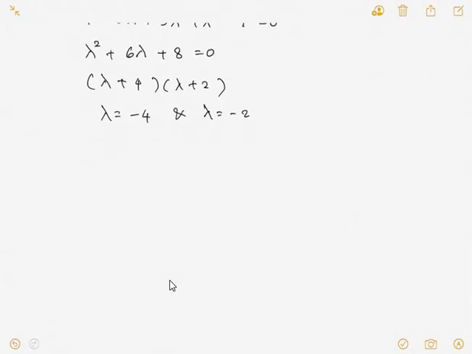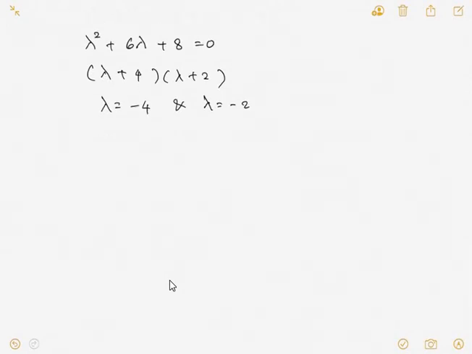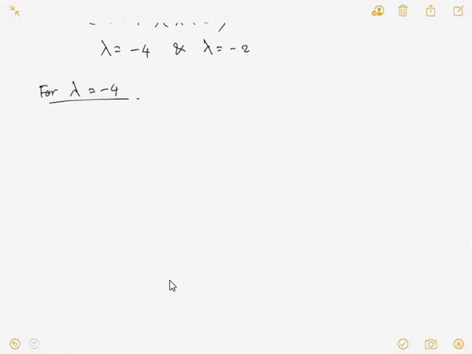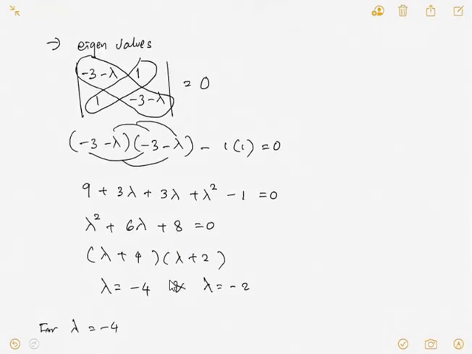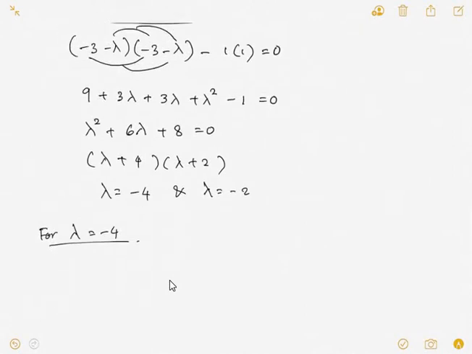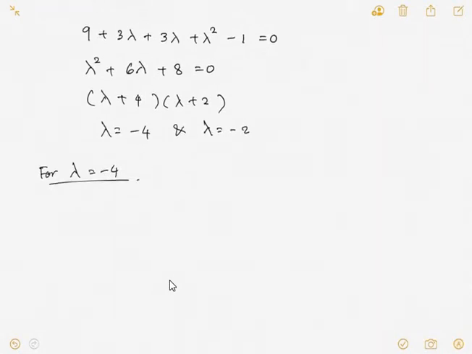From the eigenvalues, you need to find the eigenvectors. For lambda equal to negative 4, you substitute the value of lambda: negative 3 plus 4, 1, 1, negative 3 plus 4.